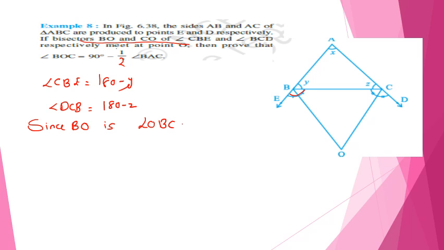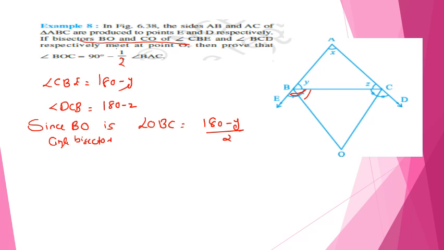Angle OBC is what? The total is 180 minus Y, so this angle is 180 minus Y by 2.